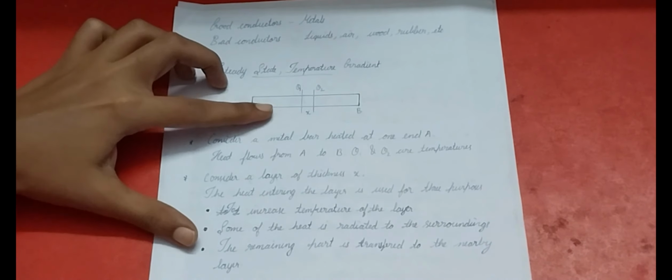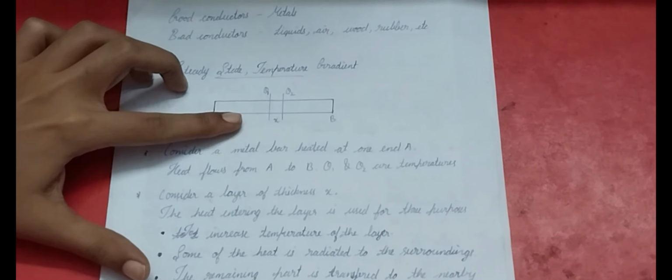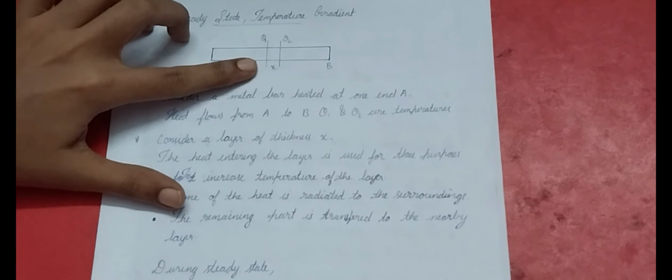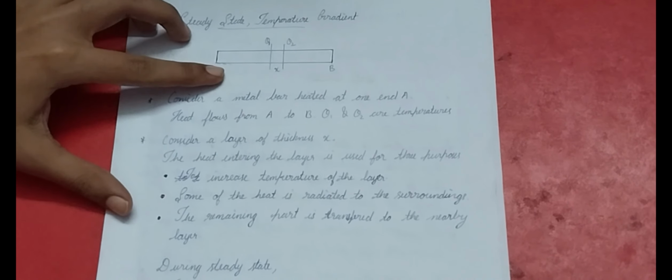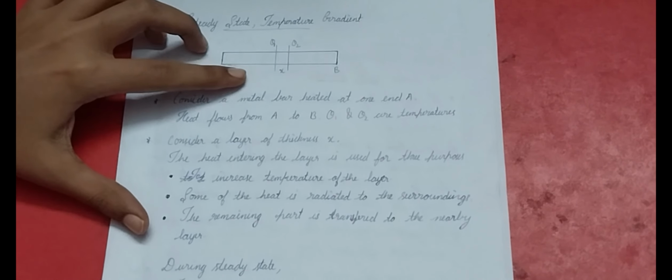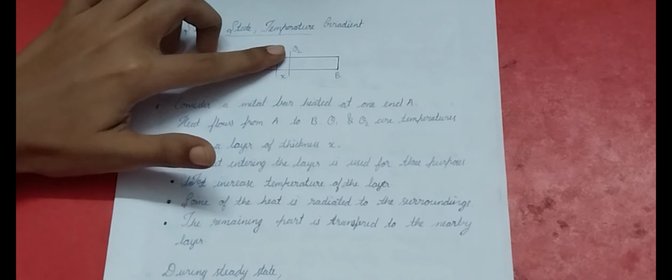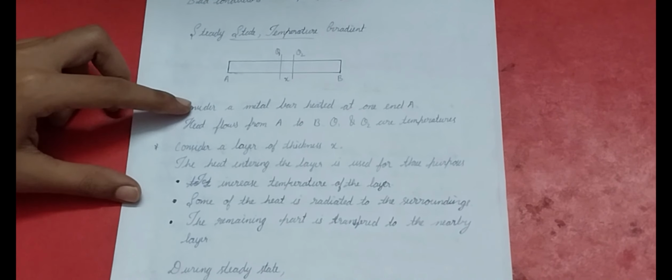Its one side temperature is theta 1 and the other side temperature is theta 2. The heat entering this layer is used for three purposes. One is to increase the temperature of the layer. Some of the heat is radiated to the surroundings and the remaining part of the heat is transferred to the next, nearby layer.